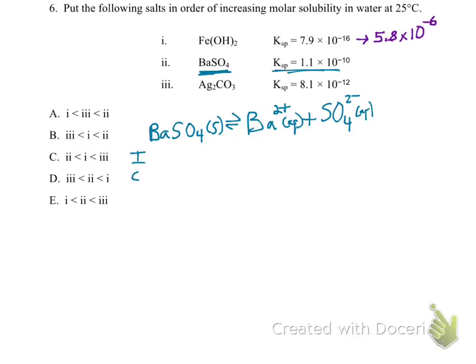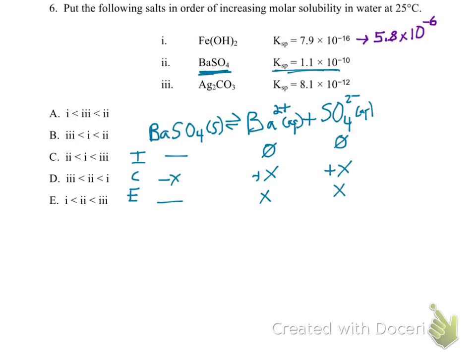We'll write our ICE. We don't care about the solid. This is 0, this is 0. Minus x, plus x, plus x. Minus x is we don't care. 0 plus x is x, and 0 plus x is x.